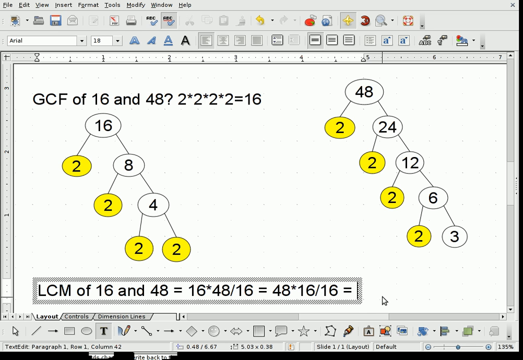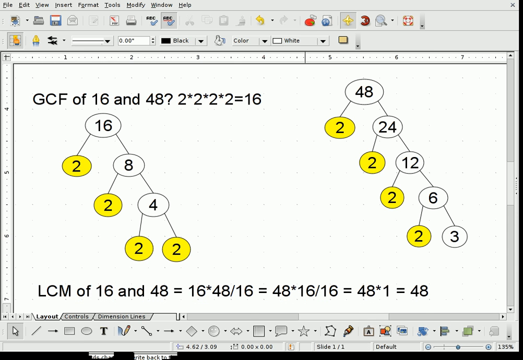And this is called the associative law, because we can change the order of the evaluation. So we choose to perform the division first. 16 divided by 16. Oh, that's easy. That's just 1. So 48 times 1 is just 48 itself. And so we have just shown that the LCM, or the least common multiple of 16 and 48, is 48.